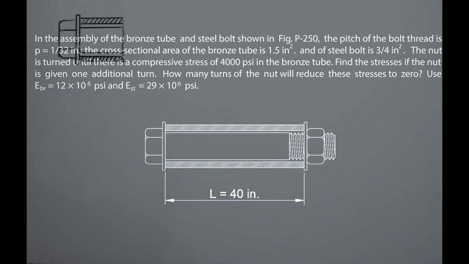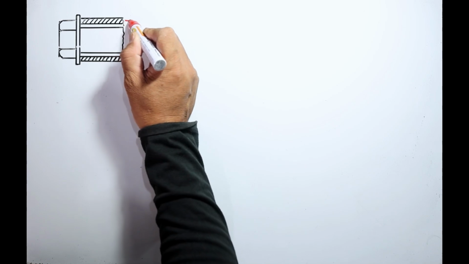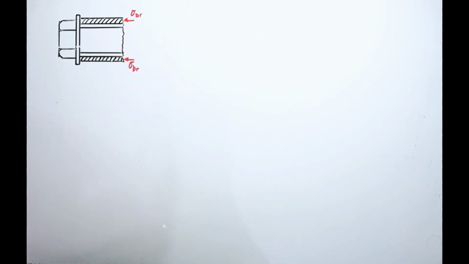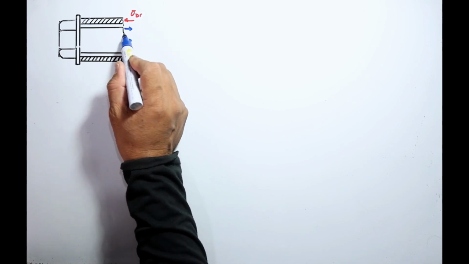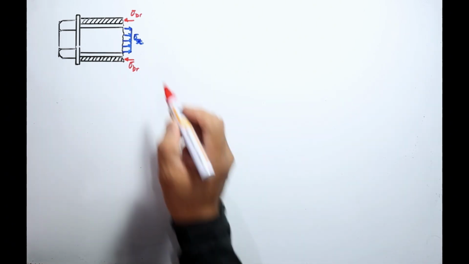Okay, so I have drawn here a free body diagram, and it's cut in the middle between the washers. When the bolt is tightened, it will cause a compressive stress in the bronze tube and tensile stress in the bolt. So there will be a compressive stress here for the bronze, and we have tensile stress for the bolt.